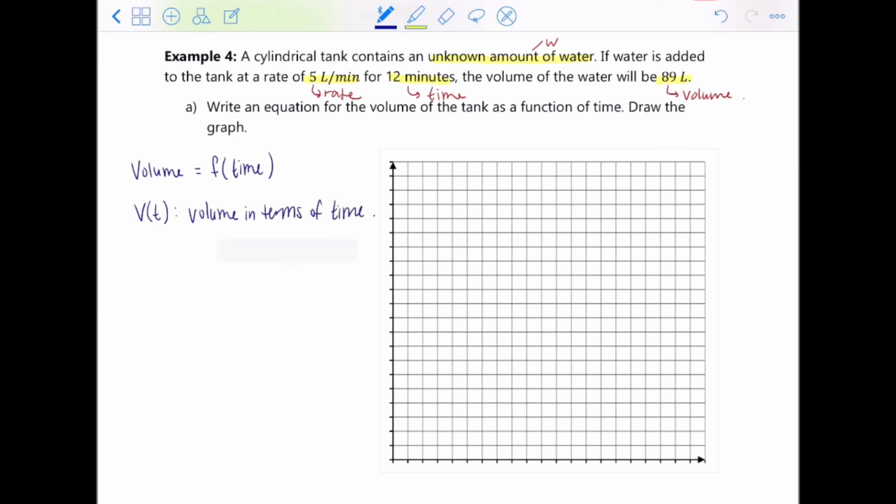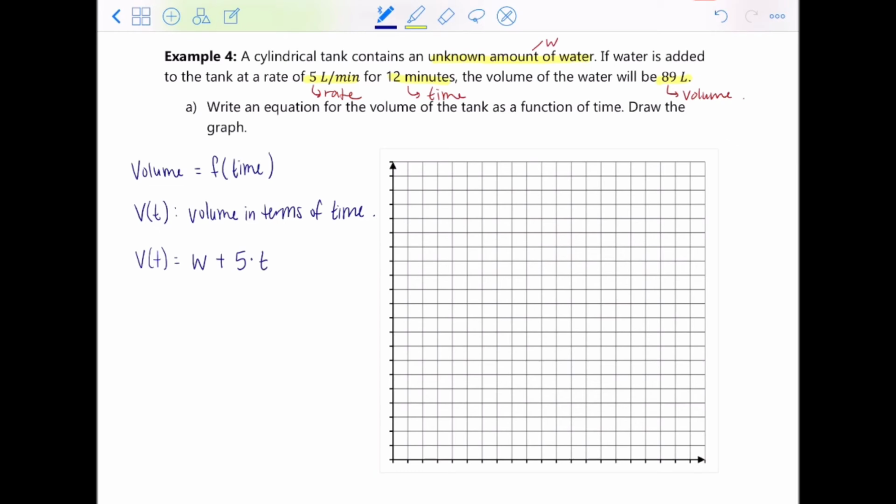Okay? We can say V of t equals, we're starting somewhere, initial value is W, we don't know yet. We don't know what that is, but we're starting somewhere and we're adding at a rate of 5 liters per minute per t for time.